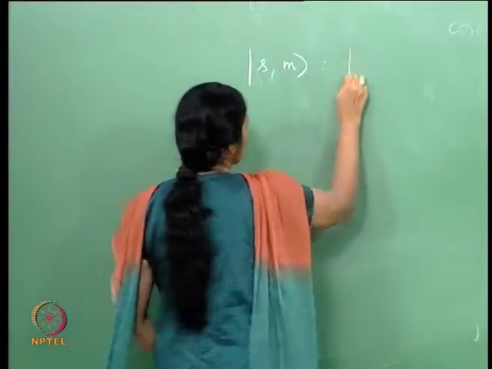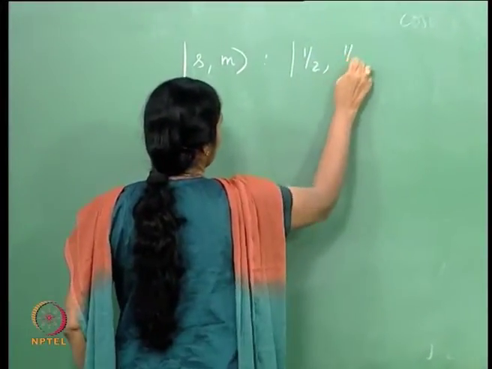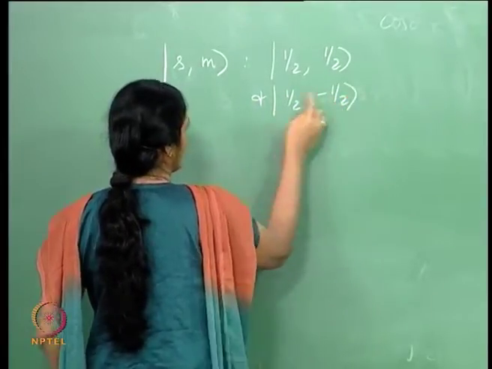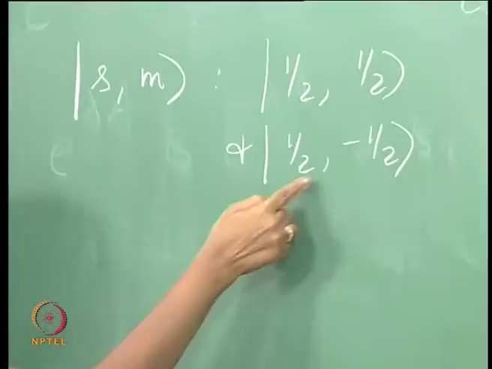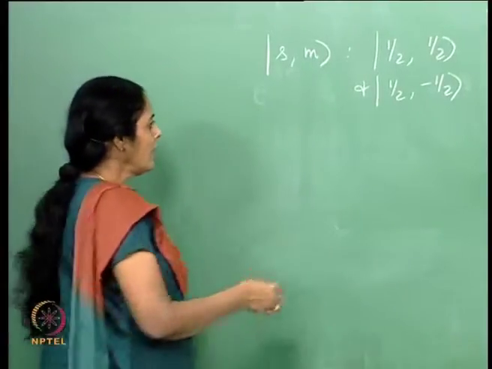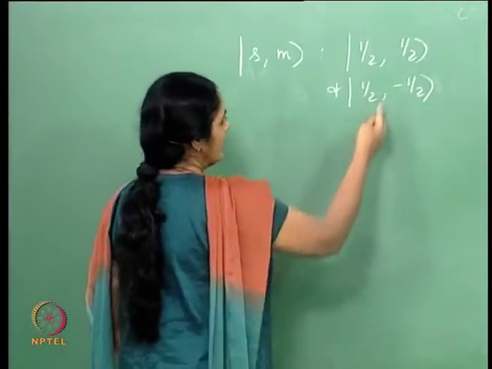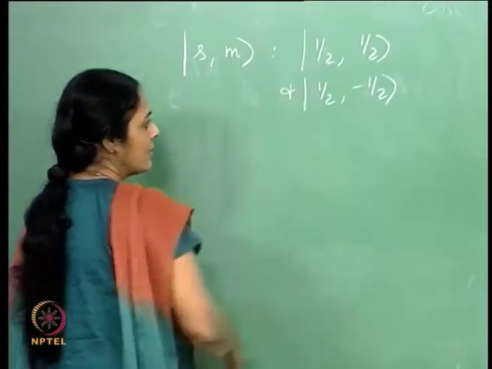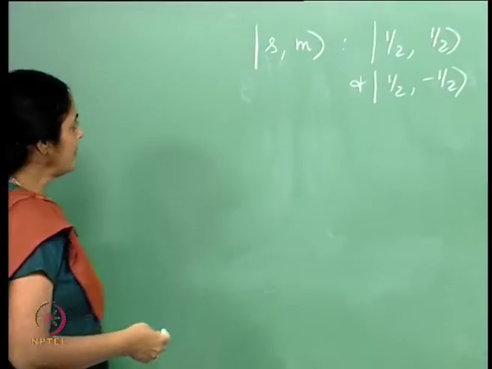In the case of the spin doublet, we had half, half and half, minus half. So there was an s, m, the same s with a minus m. This is what we had as the spin eigenbasis in the case of the spin doublet. And we simply noted the fact that m took values minus s to plus s in steps of 1.